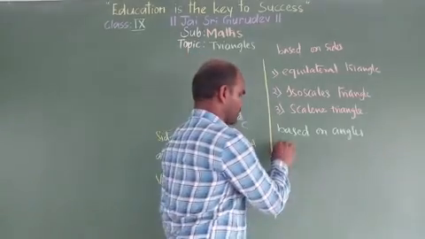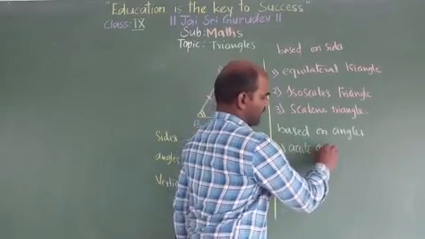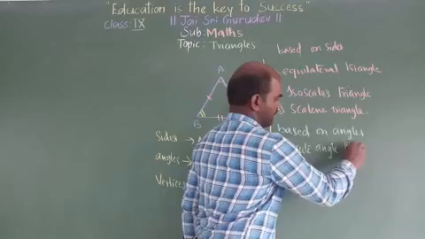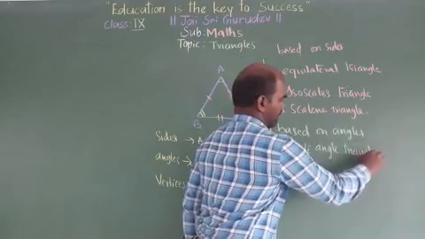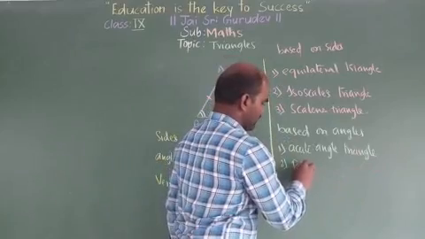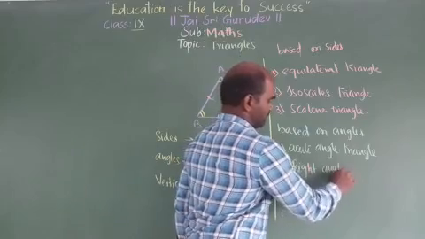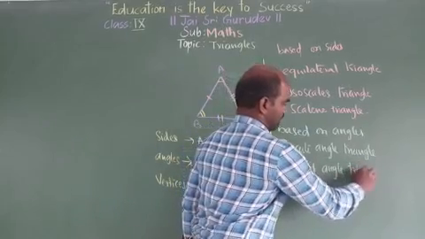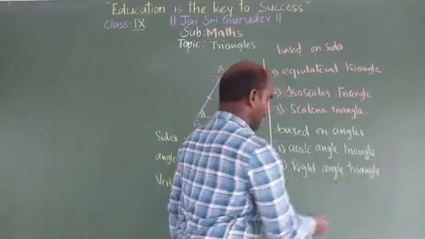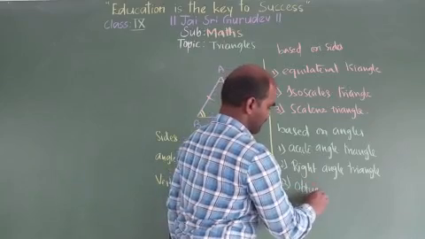Okay, so first one is the acute angle triangle. Next, second one is the right angle triangle. And third one is the obtuse angle triangle.